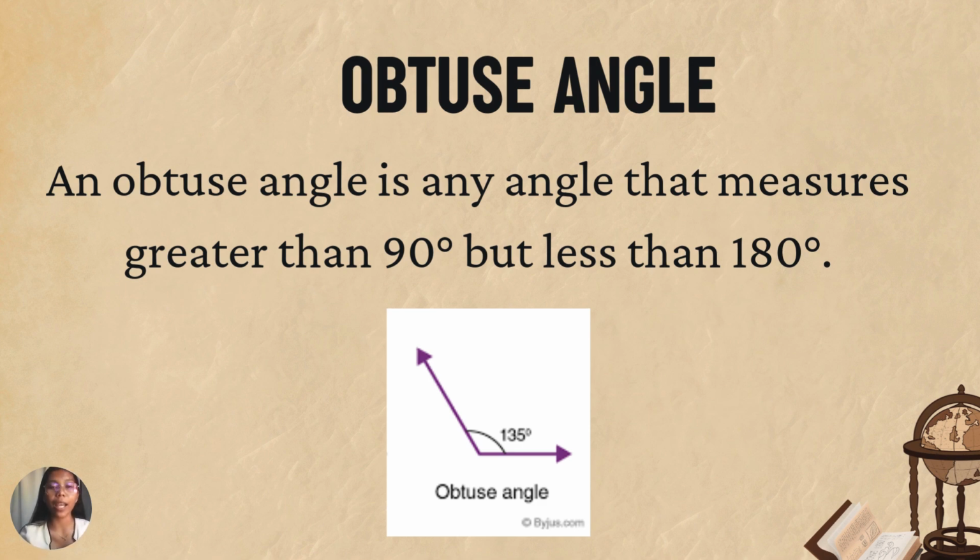Acute angle is less than 90 and obtuse angle is greater than 90 but less than 180 degrees. It looks like an angle that is wider or more open than a right angle. For example, the wings of a butterfly when slightly spread, or the hands of a clock at 10:15.